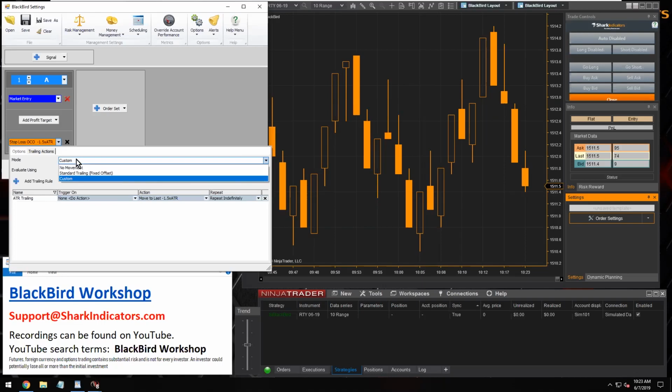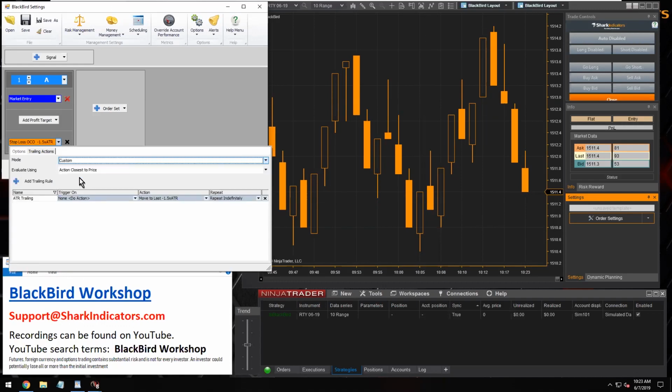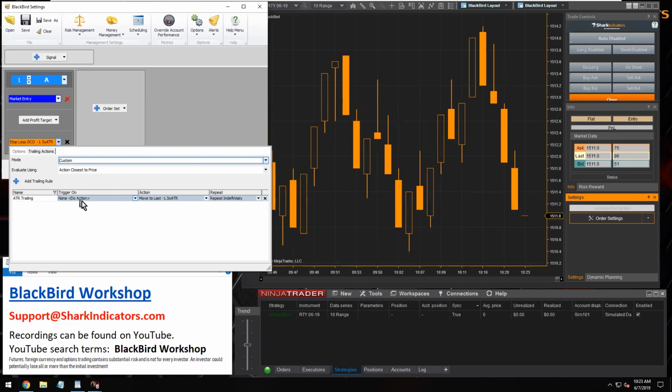Actually, I'm sorry. I was assuming it was going to use standard trailing here, but it's actually using a custom trailing, which is kind of better because that way you can visually see and learn a little bit about the trailing capabilities here.